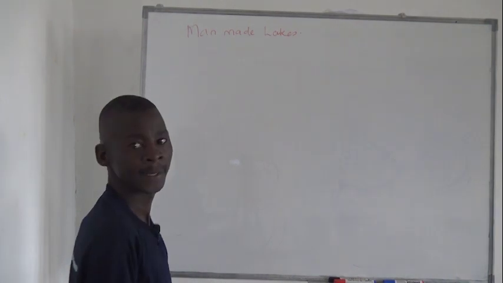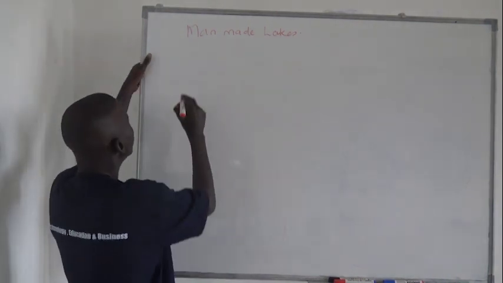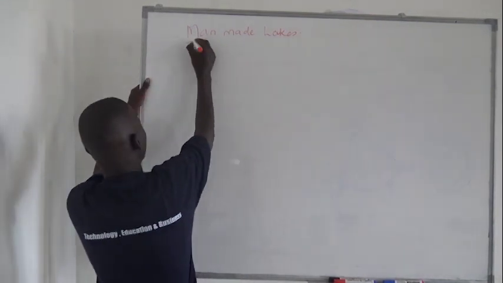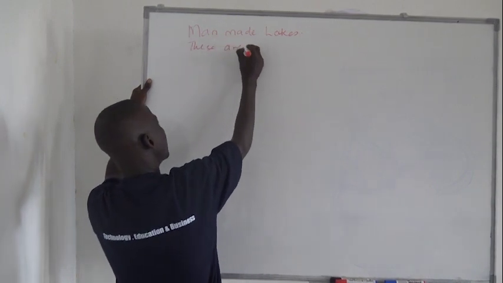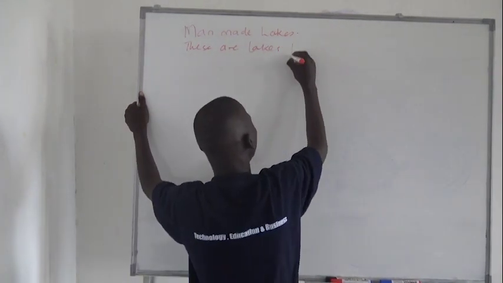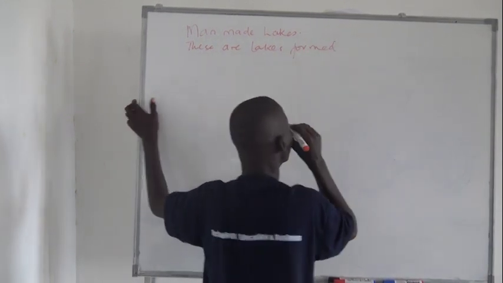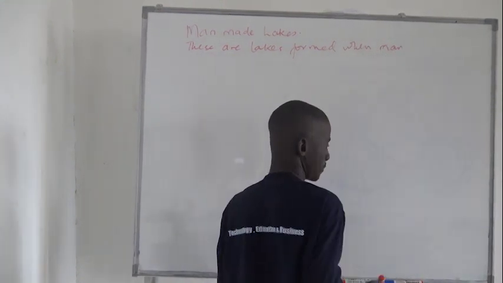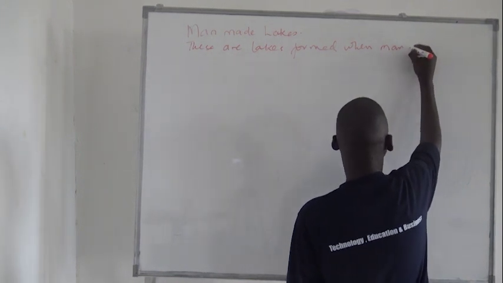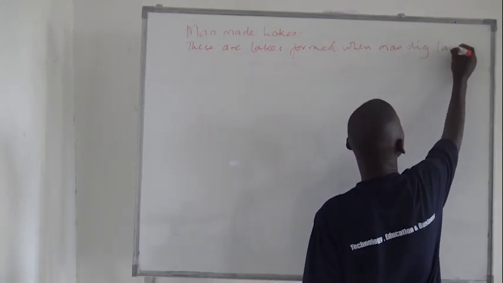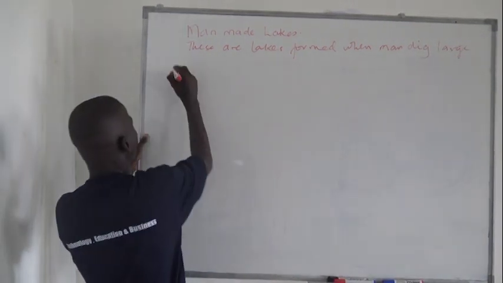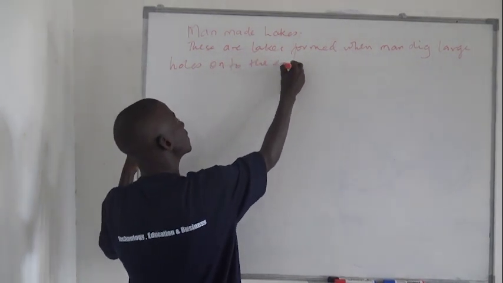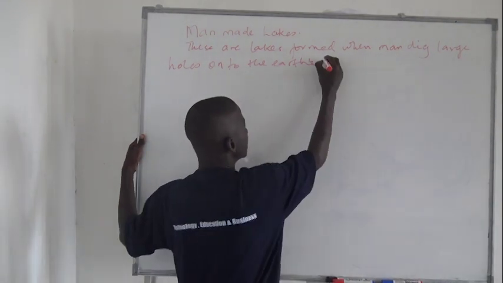The man-made lakes. Man-made lakes are lakes formed when man digs large holes onto the earth's crust.